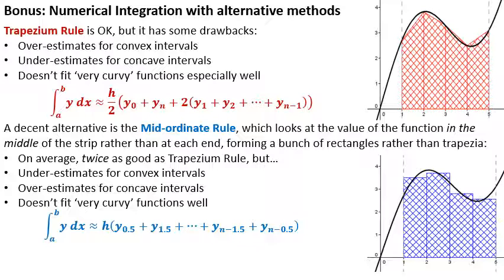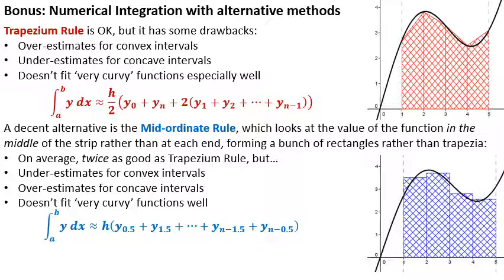And if you look closely, you might be able to see, for instance, the strip from 4 to 5 gives an underestimate, and that is a section of the function which is convex. That means that the final half of the 4 to 5 interval has a curve which is quite a bit higher than the first half is lower. One half of the mid-ordinate rectangle will almost always be above the curve and the other half will be below the curve. And so effectively every single rectangle is compensating for its own over and underestimate.